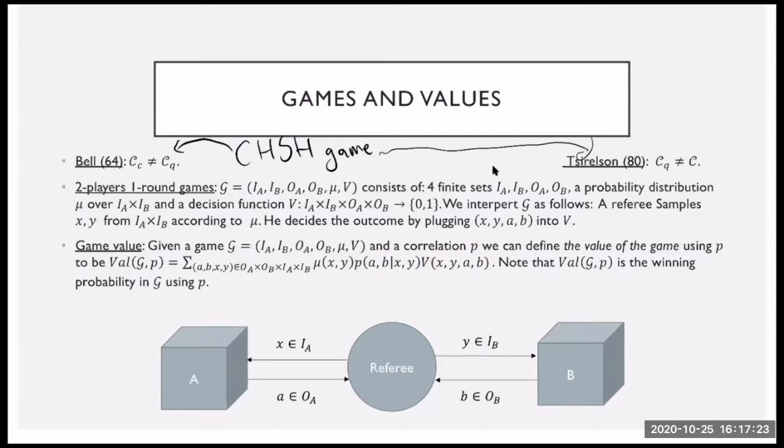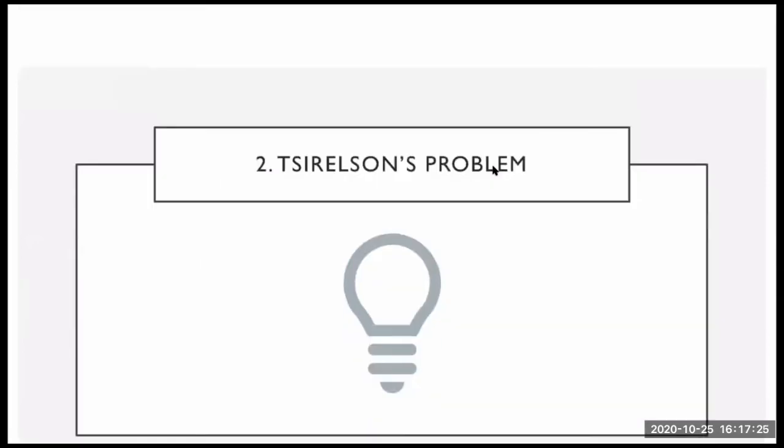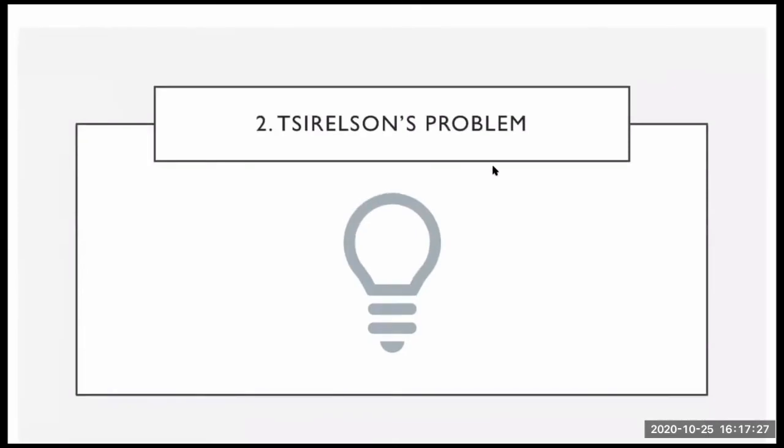Great, so let's move along. Now we can talk about Tsirelson's problem. To actually say what Tsirelson's problem is, I need to generate more models of quantum mechanics. So we need to talk about other correlation sets that come from other models of quantum mechanics.